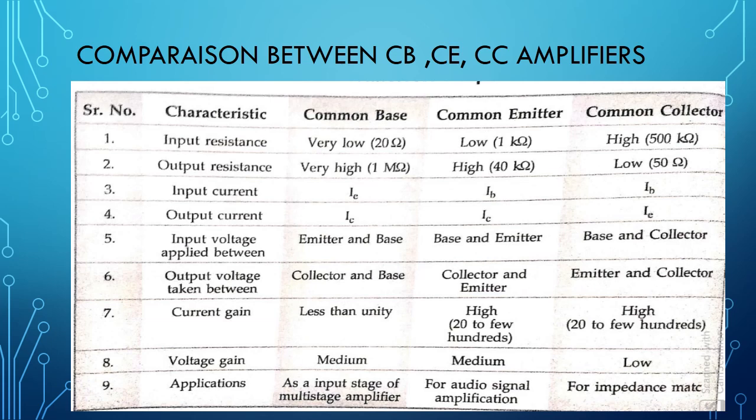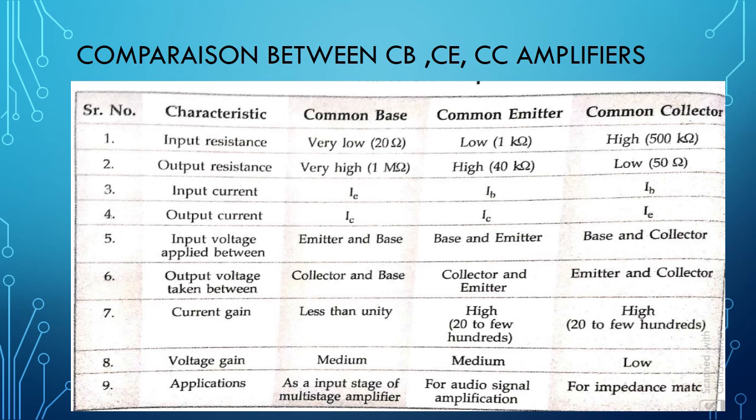Current gains. In the common base the input current is the emitter current IE, and the output current is the collector current IC. Usually the gain is defined as output by input, so the current gain is the output current by the input current.